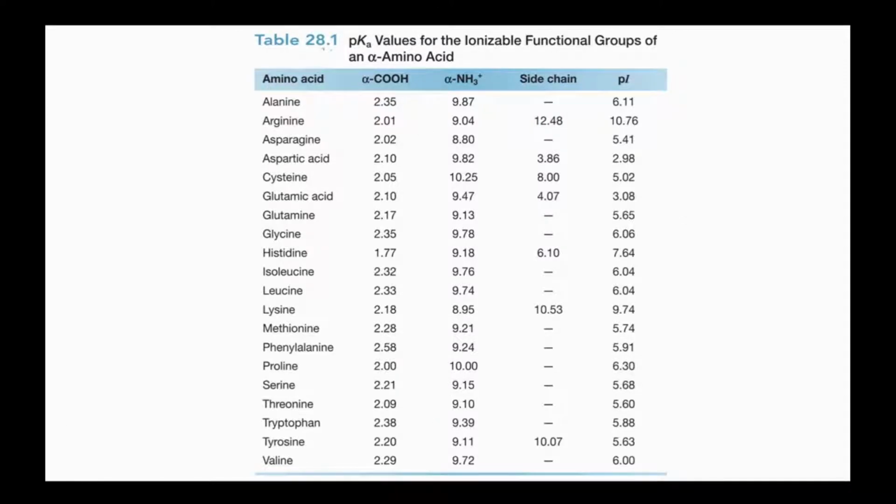This is Table 28.1, which shows the pKa values of ionizable functional groups of amino acids. Alanine: the acid has a pKa of 2.35, the ammonium has 9.87, it does not contain any side chain, and the pI is 6.11.